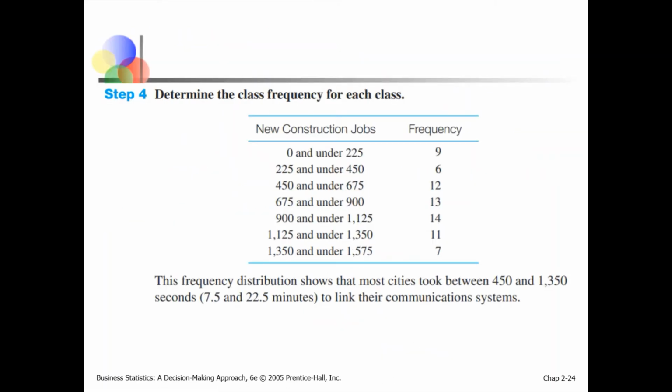So, kung ato siyang himuon frequency table, mao ni siya ang output. No? So, we have the number of seconds, no? And then the frequency. So, ana siya diri, so ma-conclude na nato nga this frequency distribution shows that most cities took between 450 and 1,350 seconds to link their communication system.